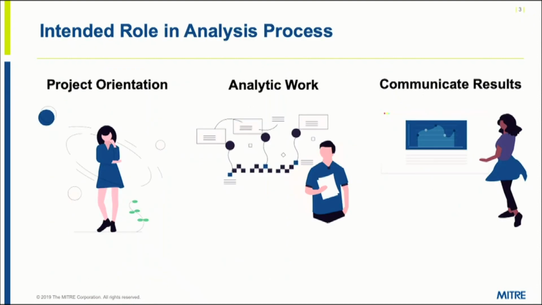So let's consider for a moment the role this plays in the life cycle of an analysis project. From the beginning, getting an orientation of a project's location and the type of event of interest, to doing the analysis itself, to communicating the story at the end of the day.